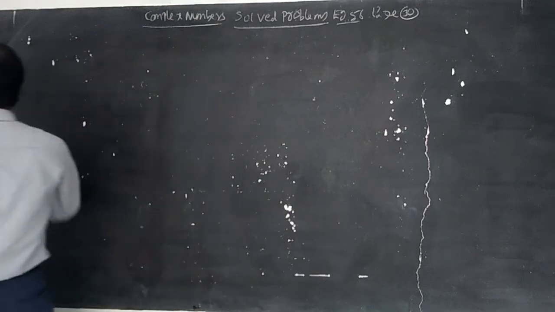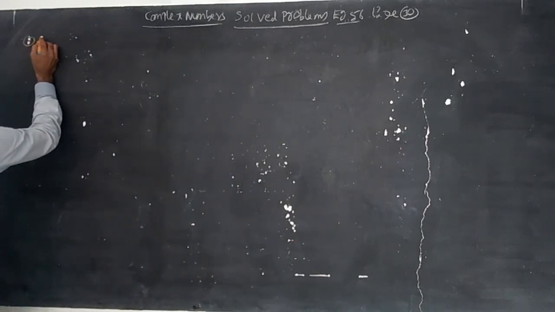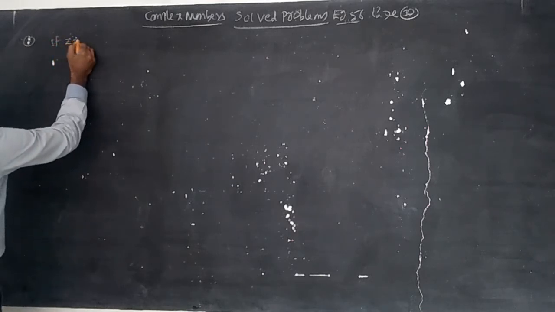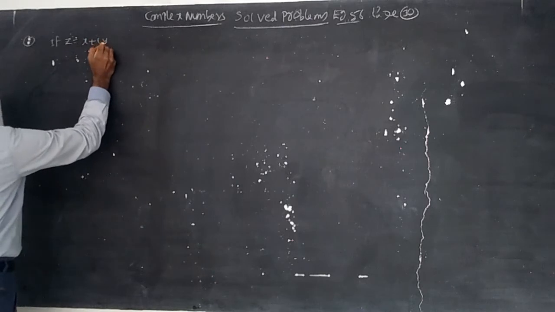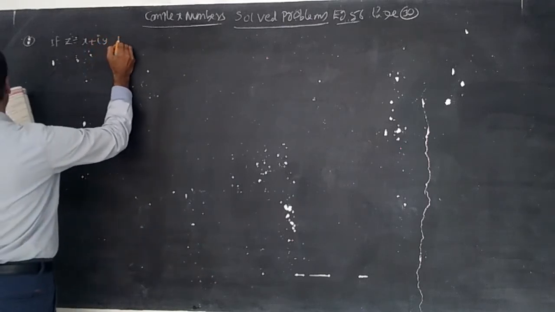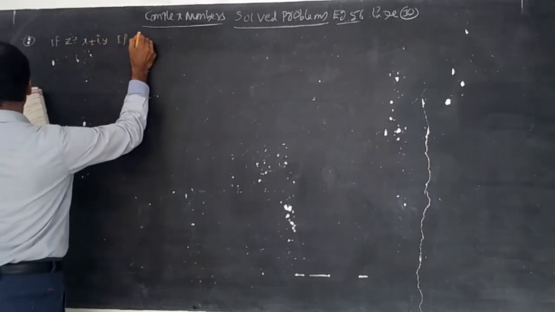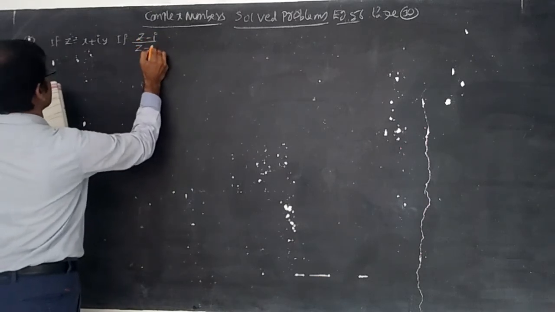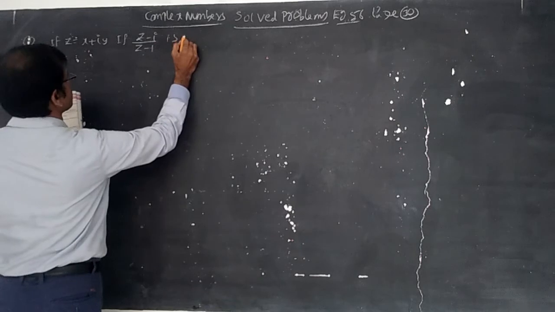If the point denotes the complex number z is equal to x plus iy in the ordered plane, if (z minus i) by (z minus 1) is purely imaginary.